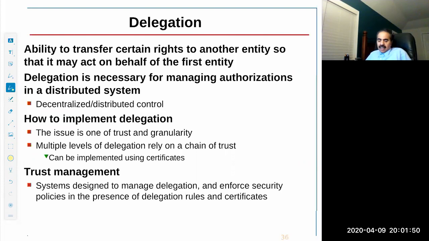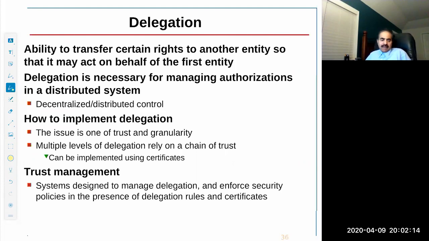But these are fairly advanced concepts that still haven't been deployed to a great extent, and what you see deployed is really RBAC. People haven't gone beyond RBAC, and even RBAC took dozens of years to get traction.